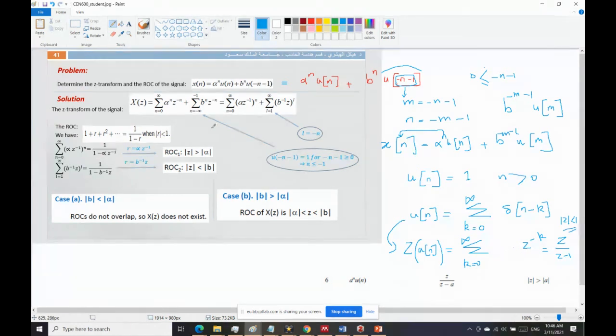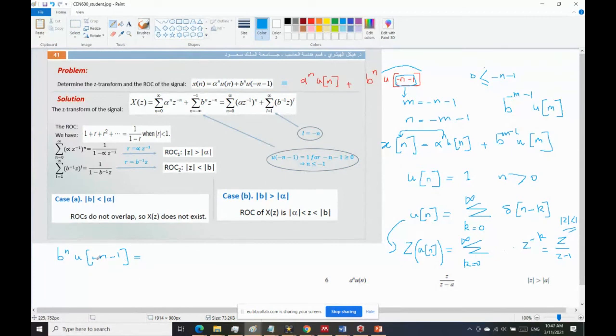For the second part, it's the sum, the second part which is b^n u[-n-1].